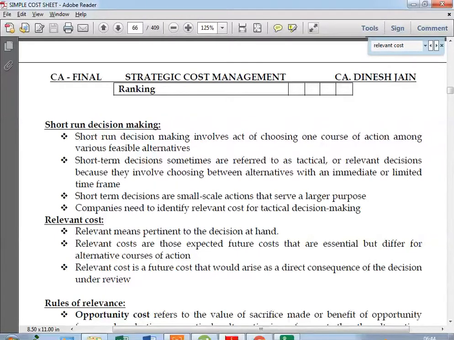The information given in the question is that 100 units of A can be used as a substitute of 200 units of product C, and this product C is currently purchased at the rate of 5 per unit.